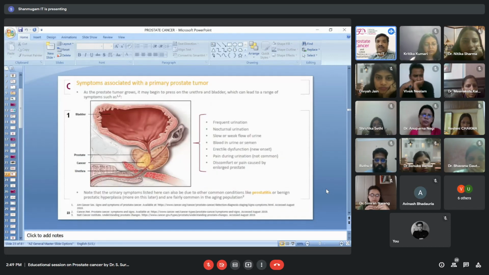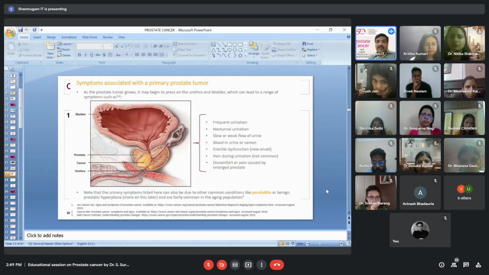The symptoms associated with the primary prostate tumor are mainly frequent urination, nocturnal urination, slow or weak flow of urine, blood in urine or semen, erectile dysfunction, pain during urination, and discomfort or pain caused by the enlarged prostate. Whenever we have such a problem, it can also be due to a benign condition or infection like prostatitis.